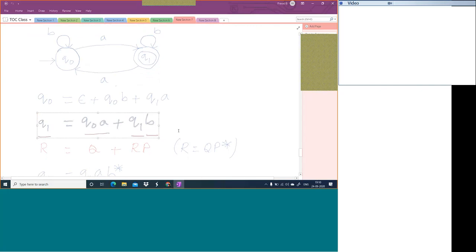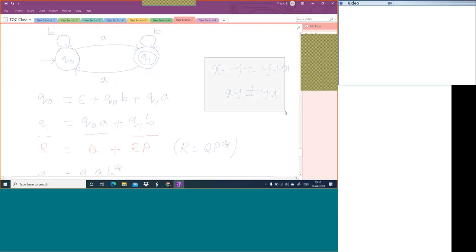Of course, you can write it either way. The expression x plus y is the same as y plus x. But the expression xy is not equal to yx.